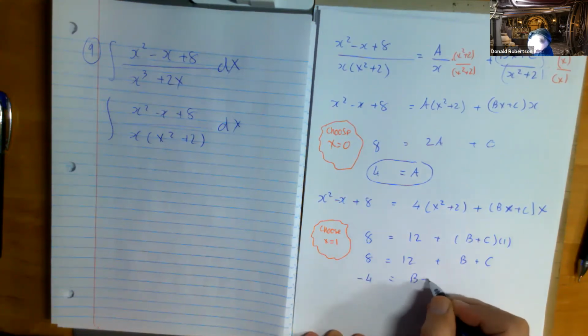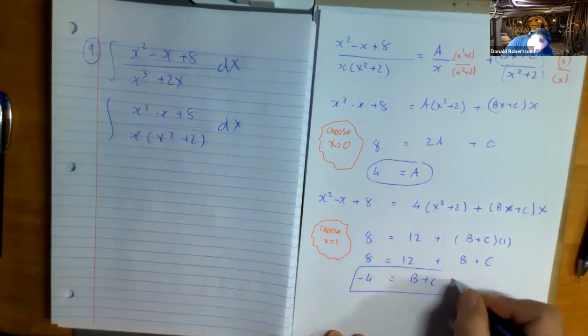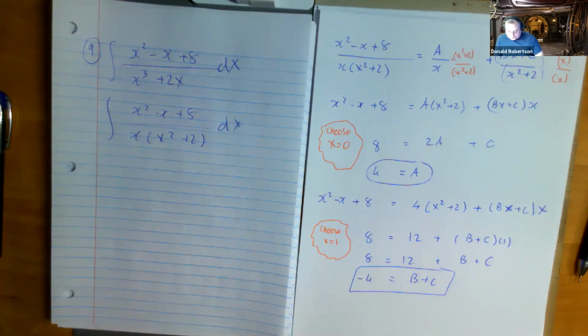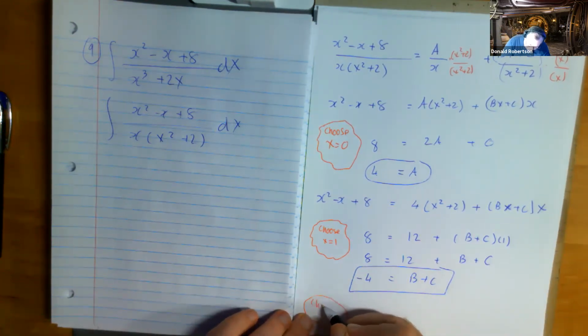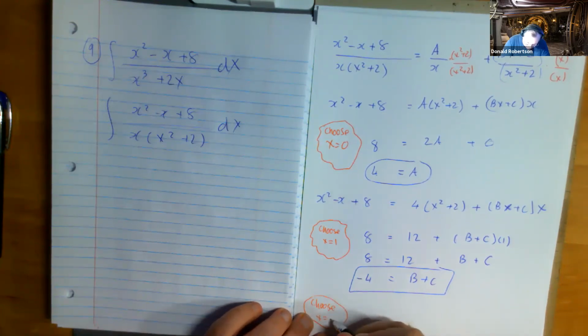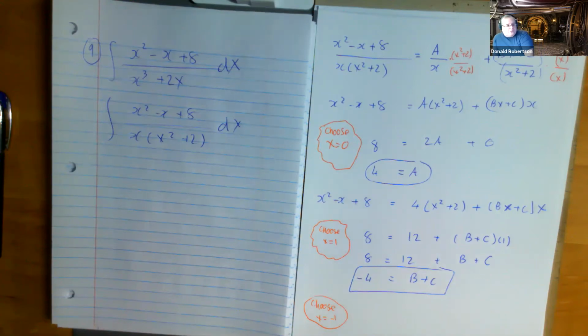That gives me this relationship. I'm now going to choose another x. There's nothing significant about 1. I could have chosen 2 or 42 or minus 1, and it wouldn't matter. I'm just picking small numbers because I tend to make fewer mistakes when I do small numbers.